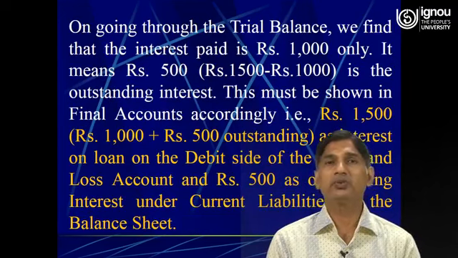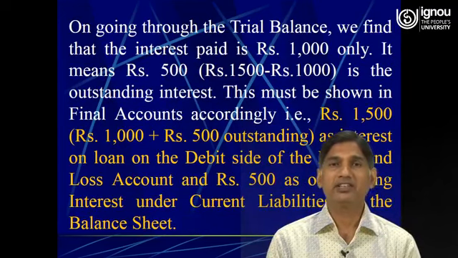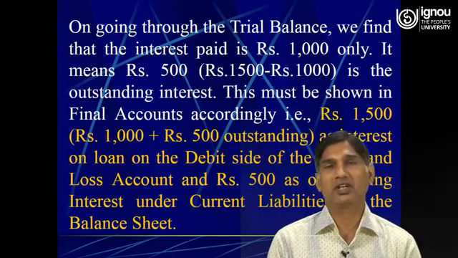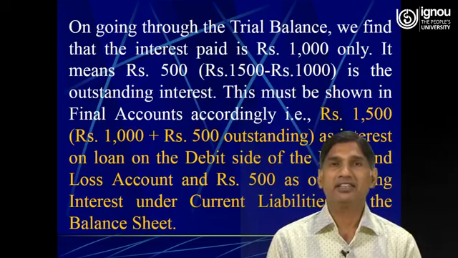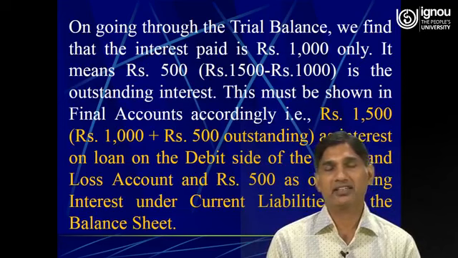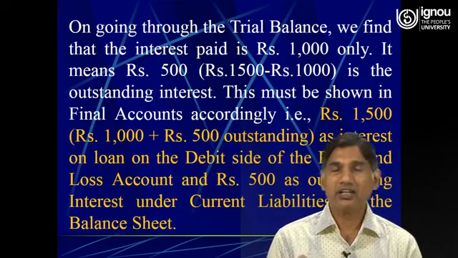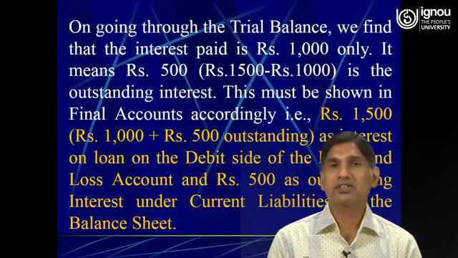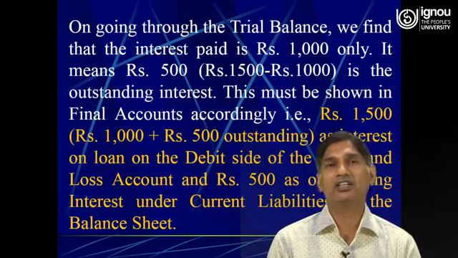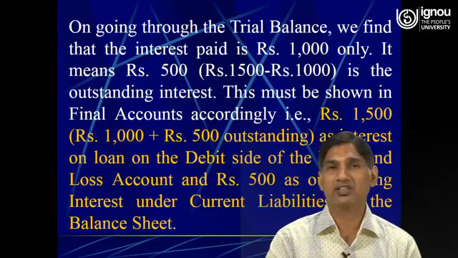On going through the trial balance, we find that the interest paid is rupees 1000. It means that the interest of rupees 500 is outstanding, because for the current financial year the amount of interest on loan comes out to be 1500 rupees, as we have worked out just now.